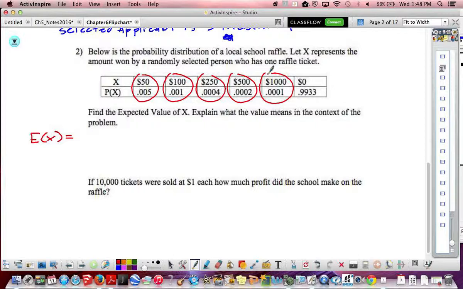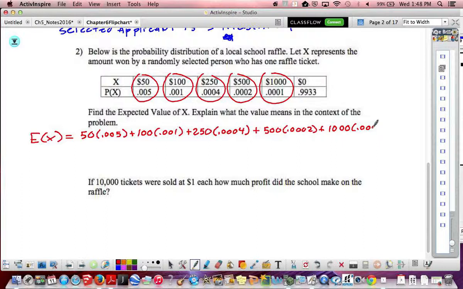So 50 times 0.005 plus 100 times 0.001 plus 250 times 0.0004 plus 500 times 0.0002 plus 1,000 times 0.0001 plus 0.